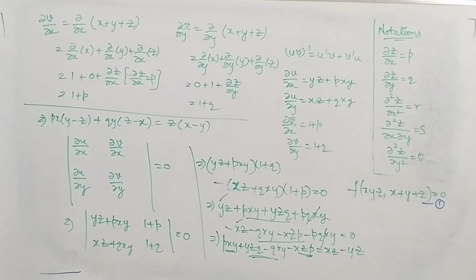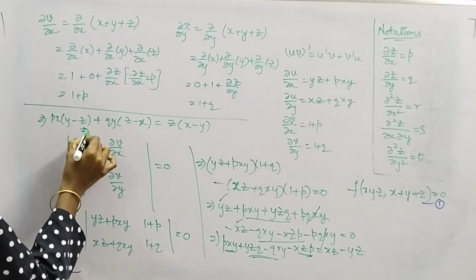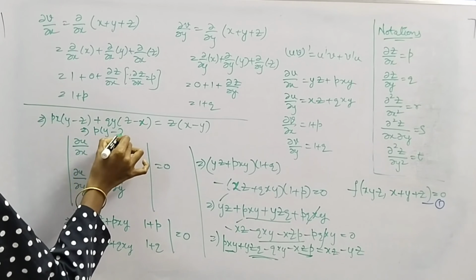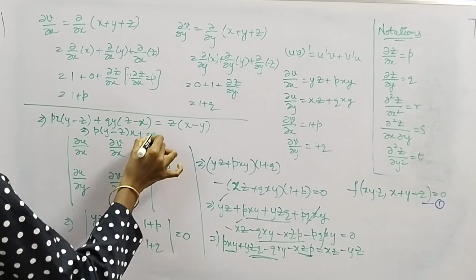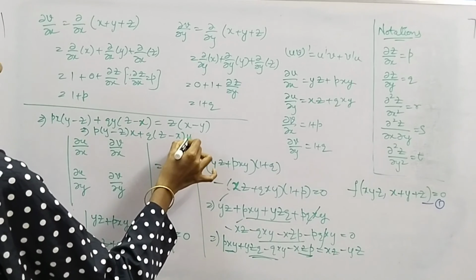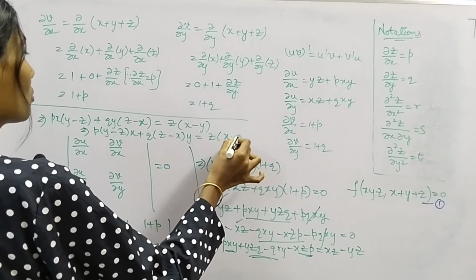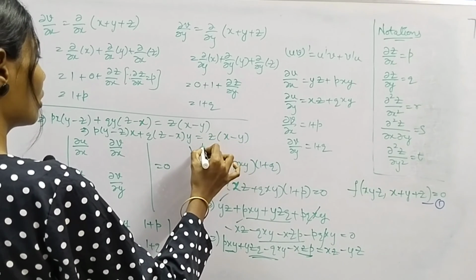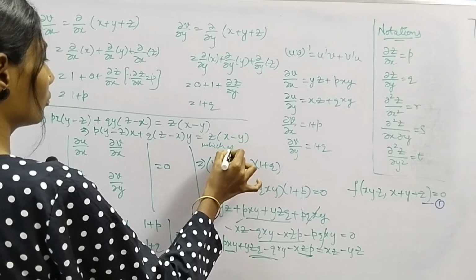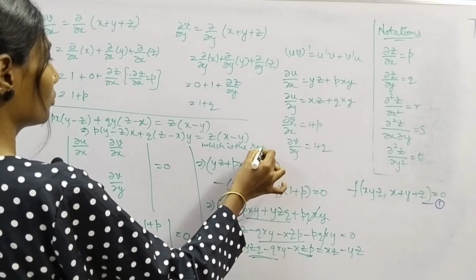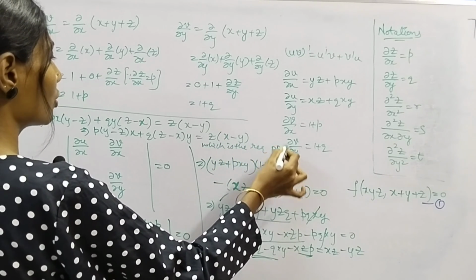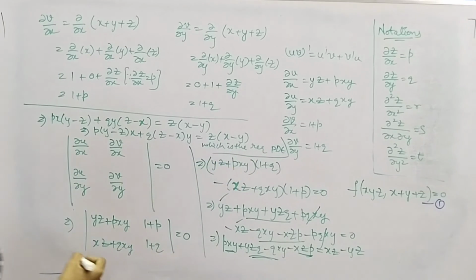Or we can write this as p times (y minus z) into x plus q times (z minus x) into y equal to z times (x minus y), which is the required partial differential equation. This completes the problem.